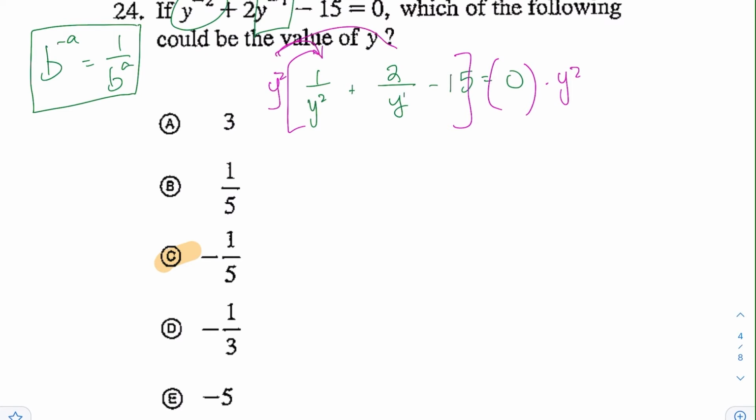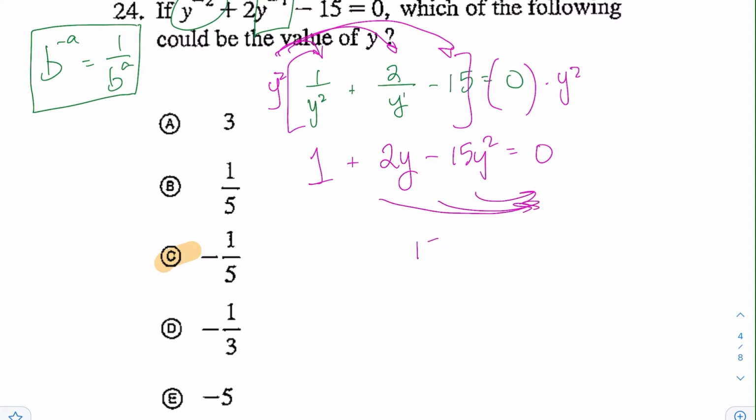And then you have to distribute this y squared. So you have 1 plus 2y minus 15y squared, and that's equal to just 0. And then you want the 15 to be positive, so you move everything to the right side. That would be 15y squared minus 2y minus 1 is equal to 0.